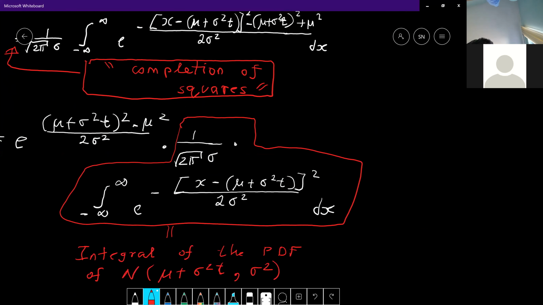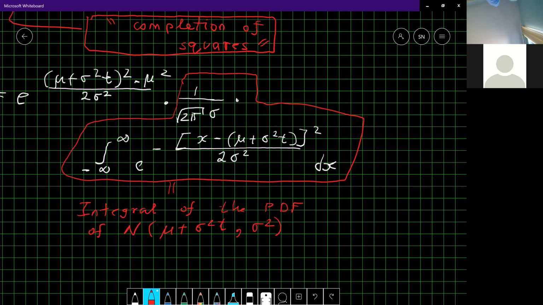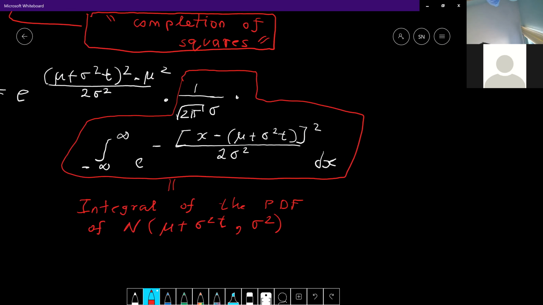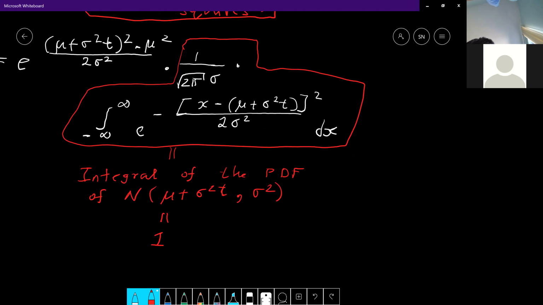And you know from probability 1, which you did last semester, that the integral of a PDF must be equal to 1. So the whole thing is equal to 1.